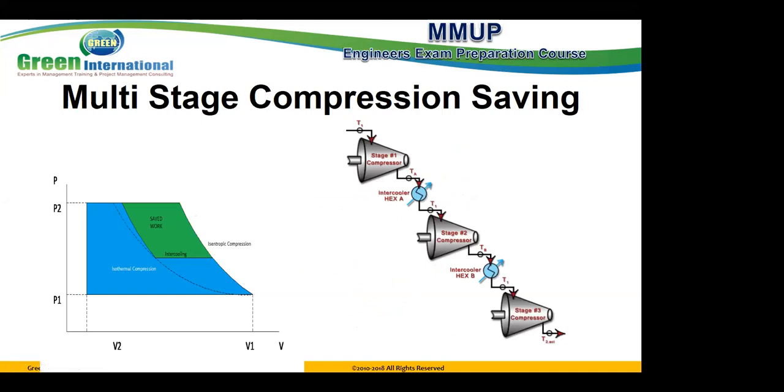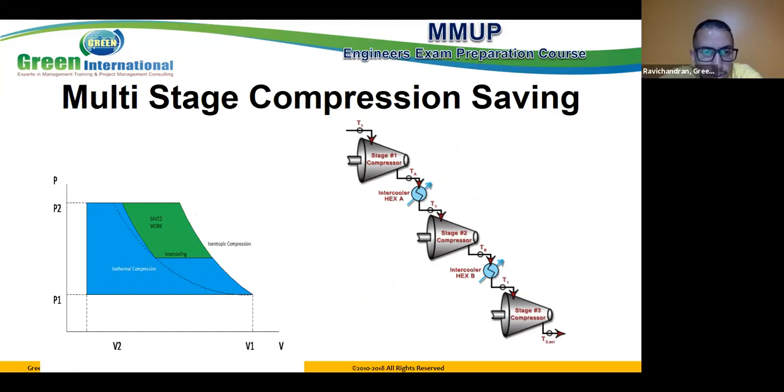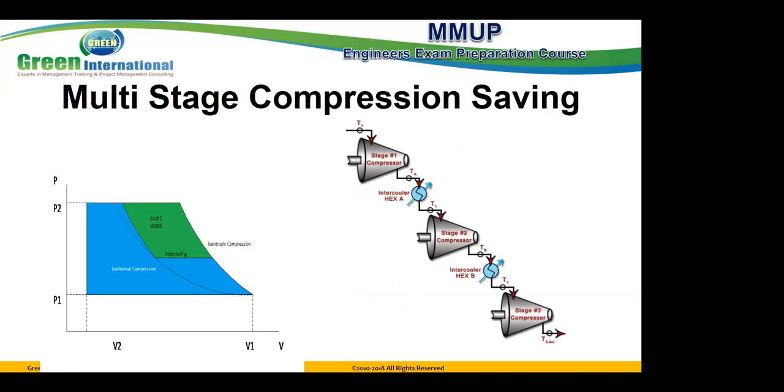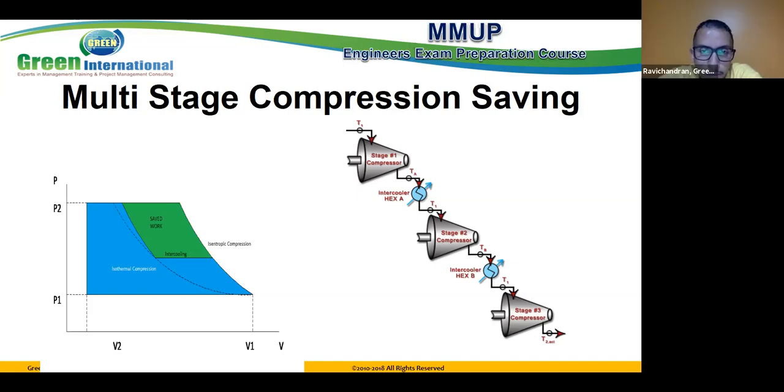But sir, in the second question you mentioned running at slow speed. What's the problem for the second question? Yes, the multi-stage compressor is used for running at slow speed, for isothermal compression.